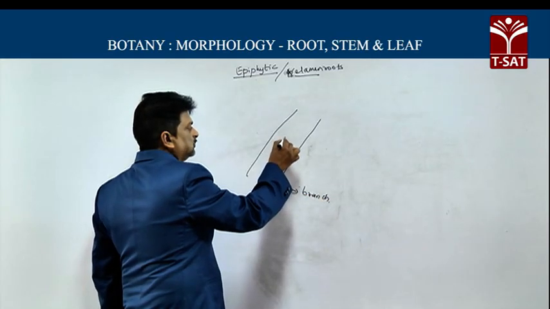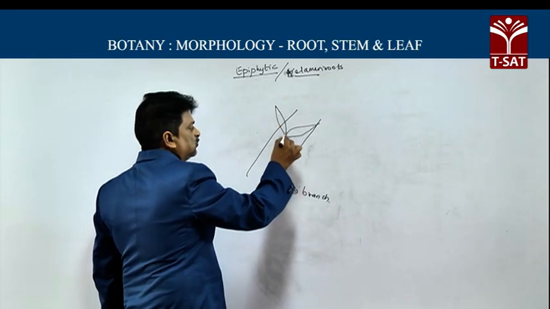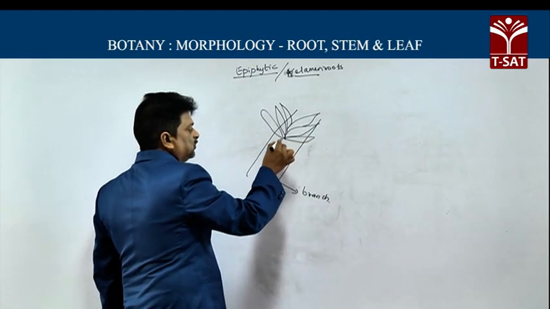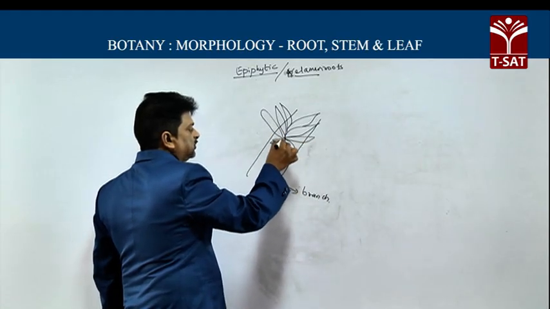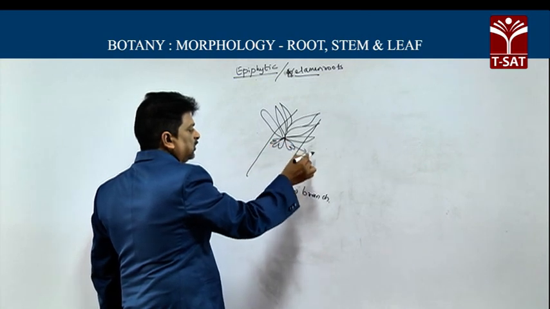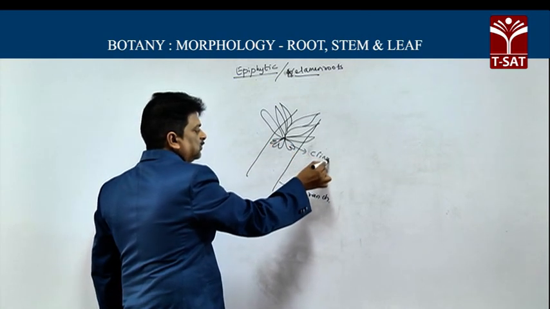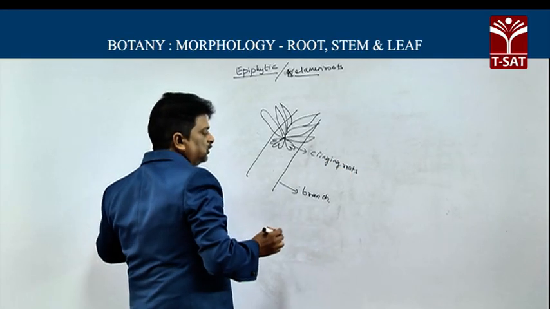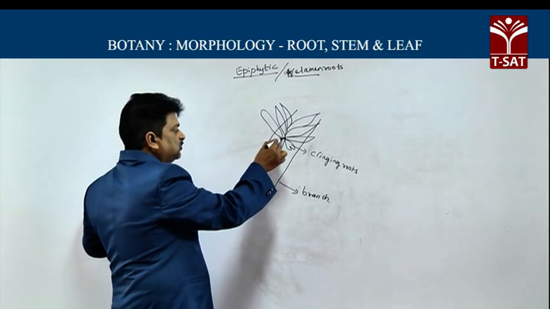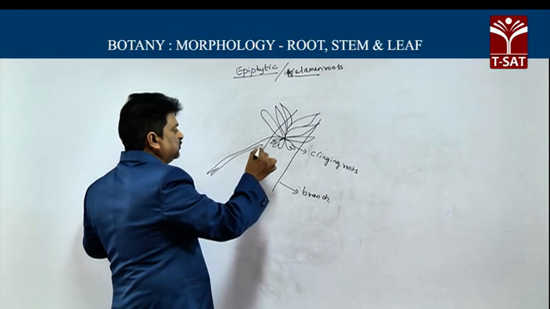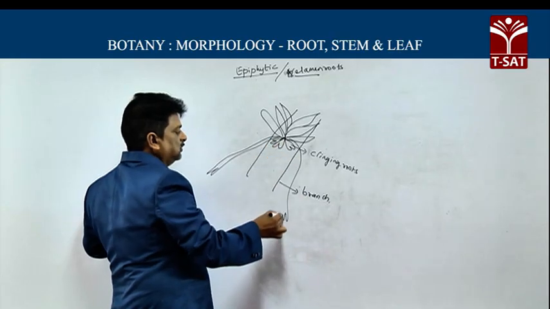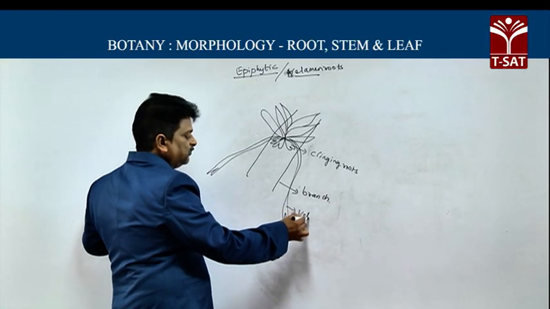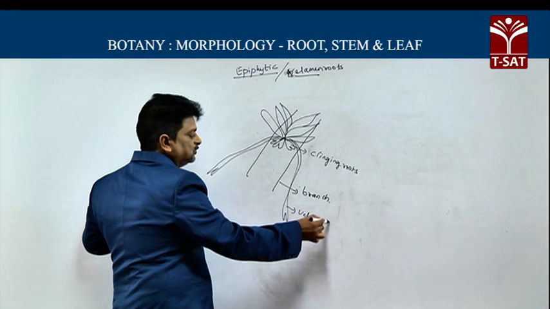And epiphytes contain 2 types of root system. In this, some roots are small and help in fixation. Such roots are called clinging roots. And some adventitious roots are long and freely hang in air. Such roots are called velamen roots.